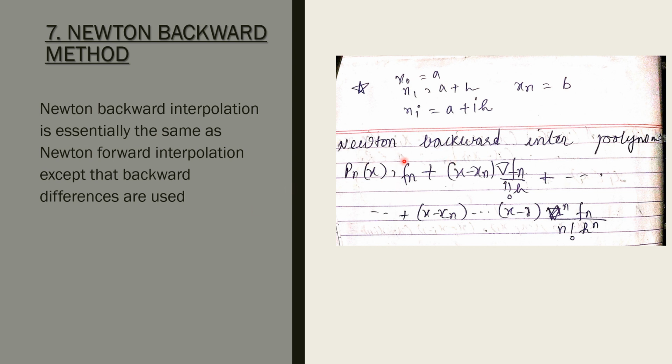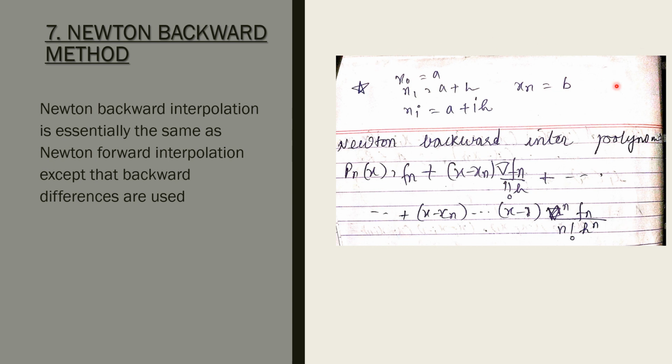It begins from f of xn, whereas in forward it began from f of x0 and f of x1, and then it keeps decreasing: xn, xn minus 1, till x1. So this is the way of decreasing it. This is the Newton backward interpolation polynomial.